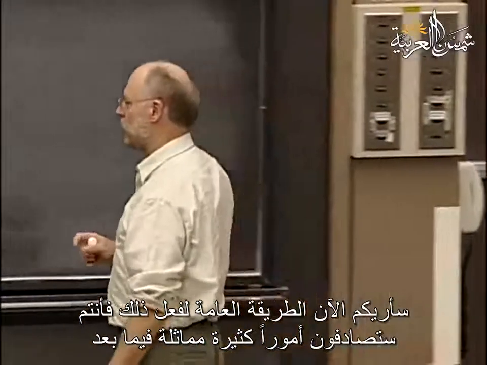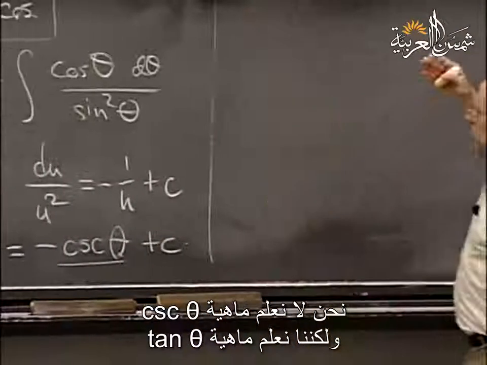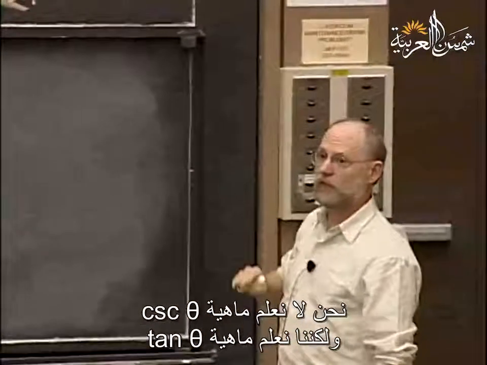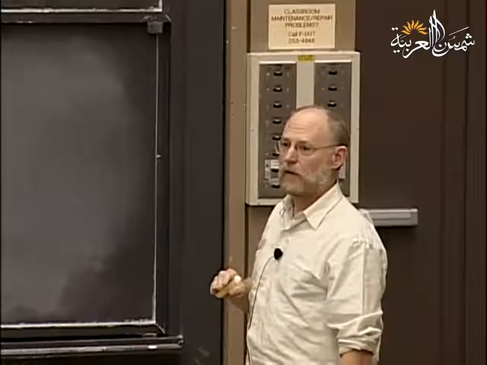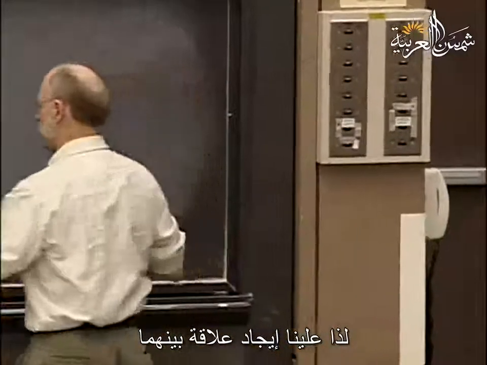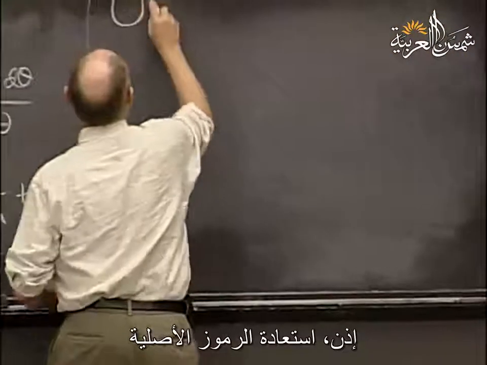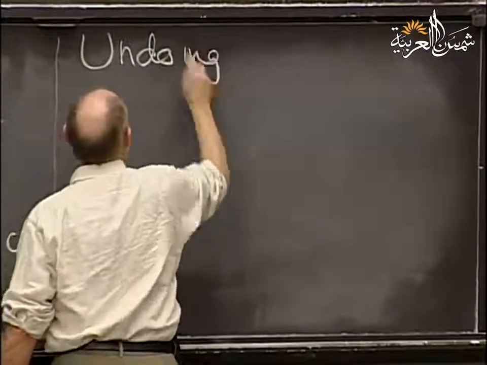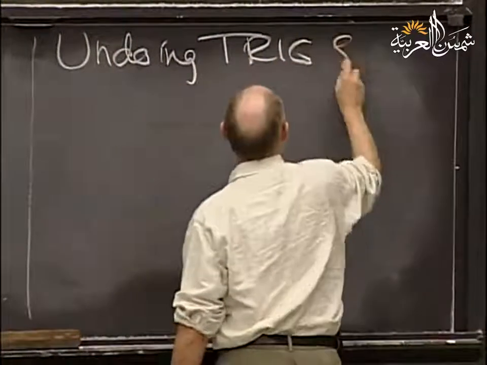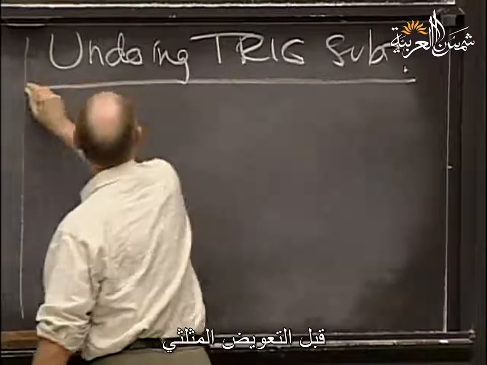This happens quite often. I don't know what the cosecant of theta is, but I do know what the tangent of theta is, so I want to make a relation between them. Okay, so undoing trig subs.